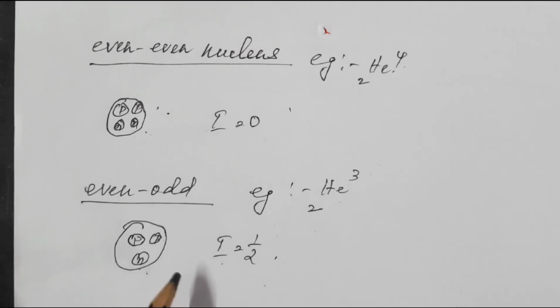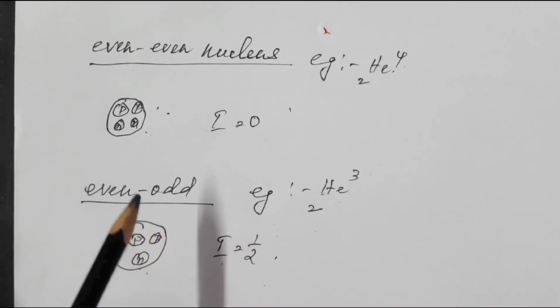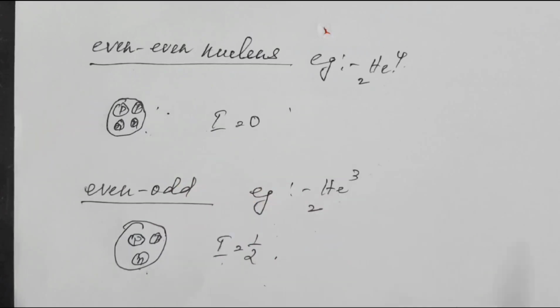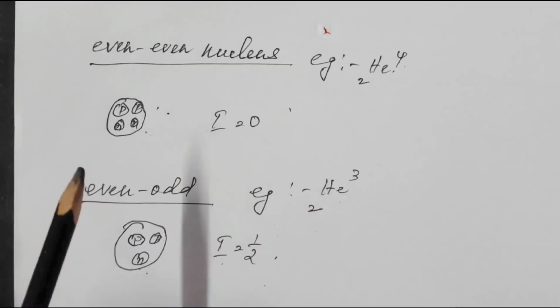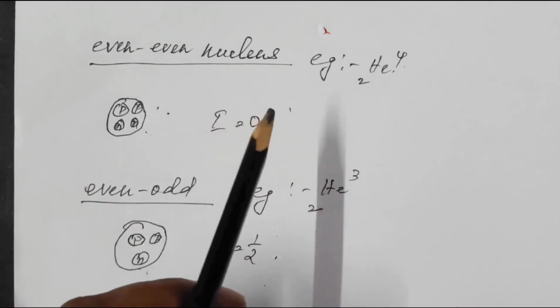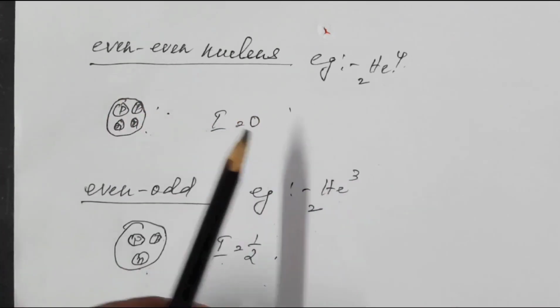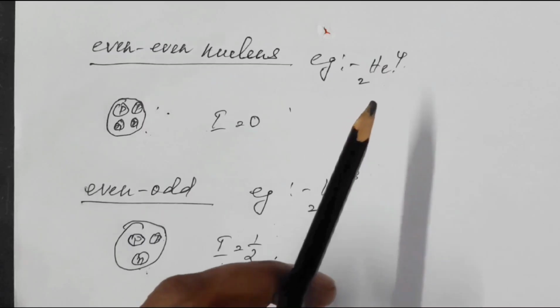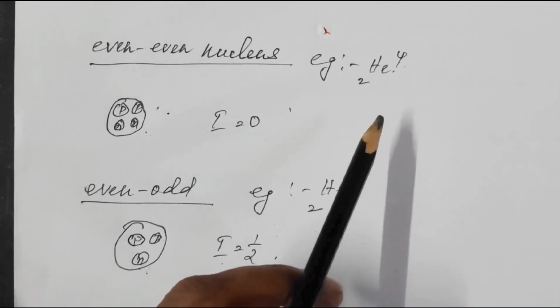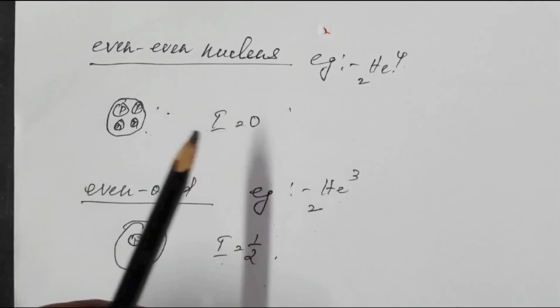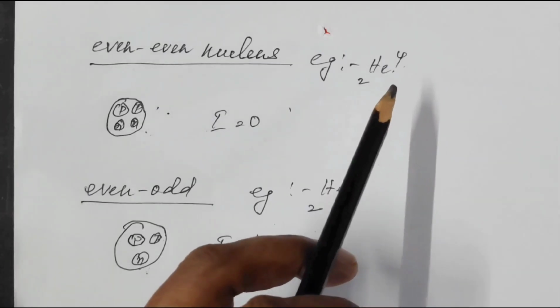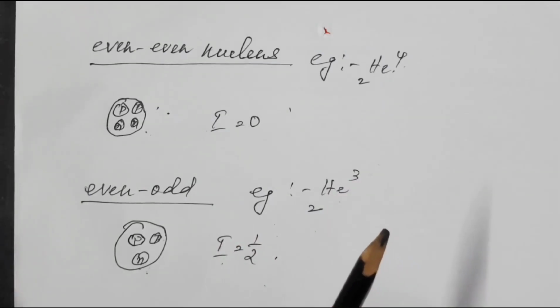Further, nuclear spin of a nucleus can be determined based on its proton-neutron combination. Look at the even-even combination of protons and neutrons. Let us consider helium-4 as the example. It contains 2 protons and 2 neutrons.